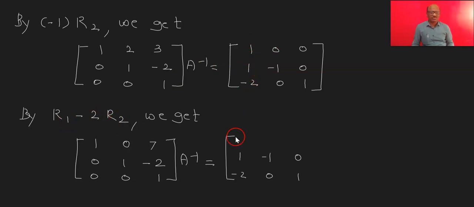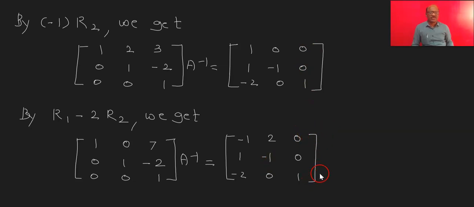Minus 2, 1 minus 2, you will get here minus 1. Next is 0, this minus 2 and minus 1 will become plus, that is 0 plus 2, here is a 2, and last element will be as it is 0, because both of them are 0.